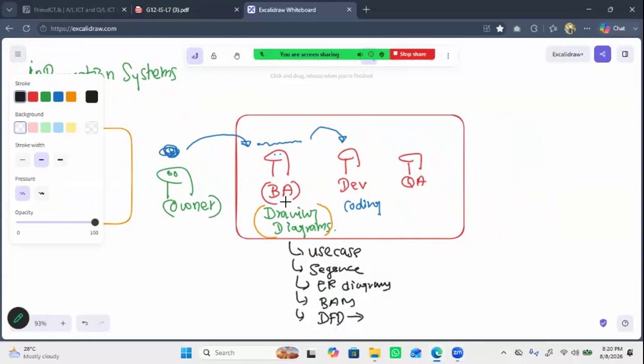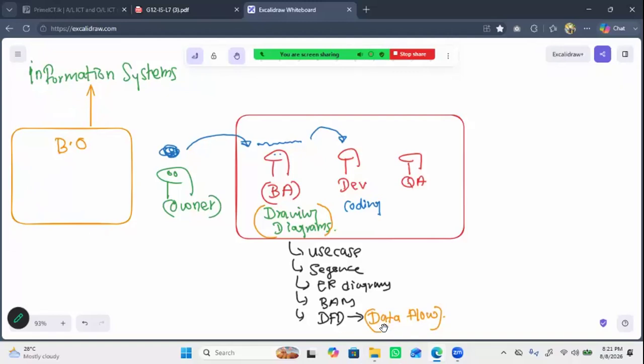The DFD, which is the important one in today's lesson, shows the data flow inside our system. That is why we call it the data flow diagram. We are going to show how the data is flowing.